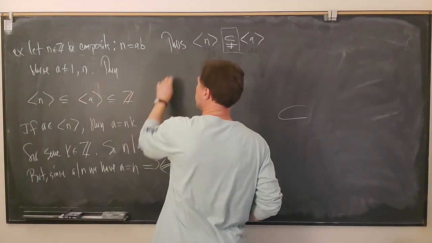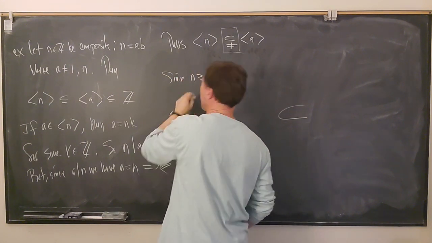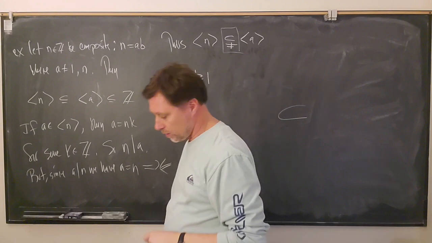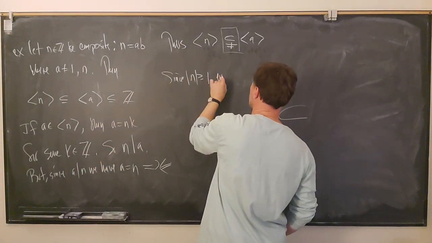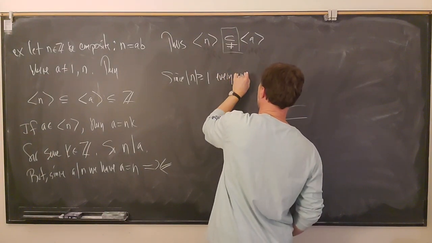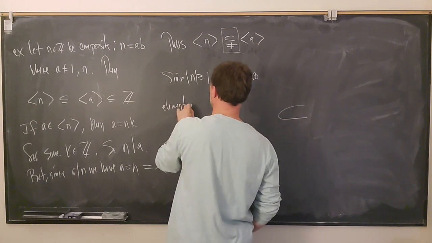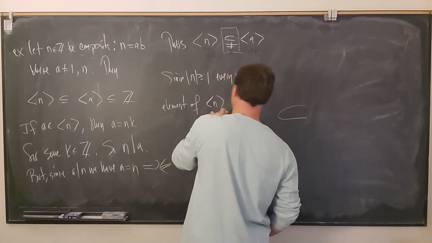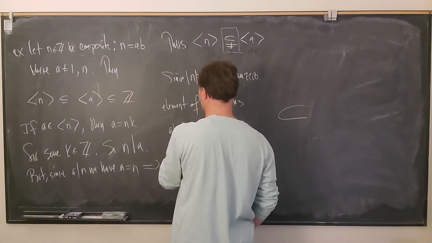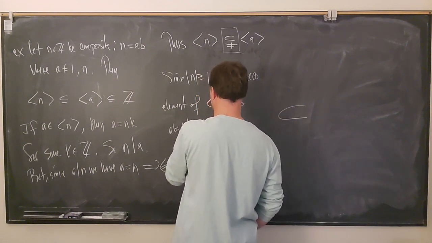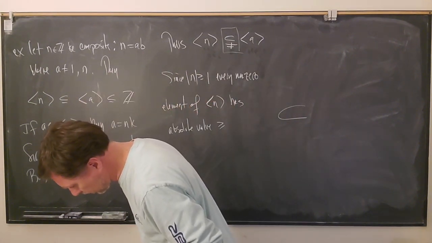What else? Since the absolute value of n is greater than or equal to 1, every non-zero element of the ideal generated by n has absolute value greater than or equal to, what am I saying here?